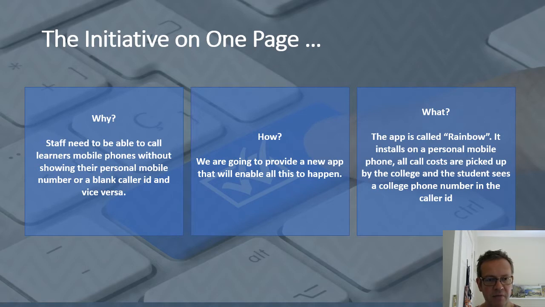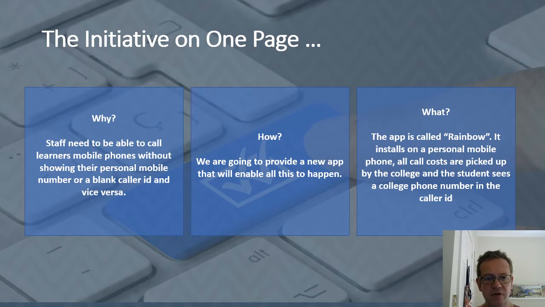So naturally in the past we've asked about whether we can solve that by giving out work mobile phones, but as I hope you'll see by the end of this short presentation, Rainbow does all of that and more besides, without having to give an additional device out. It does it all as a piece of software.